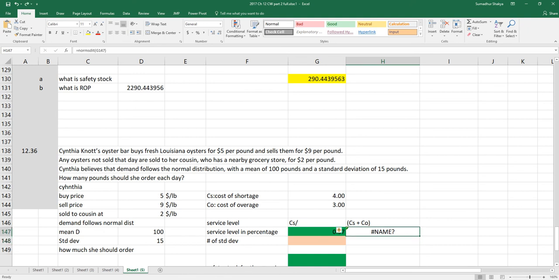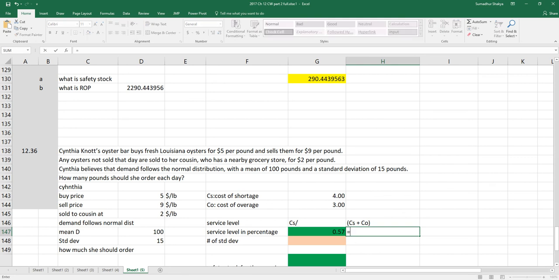Okay. Oops. So let me fix this. What did I do wrong? Okay, I misspelled this. So equals NORM.S.INV. Okay, so that amounts to, hold on.